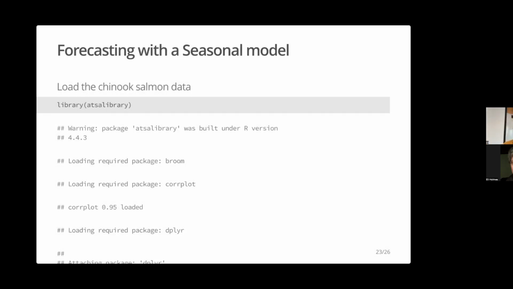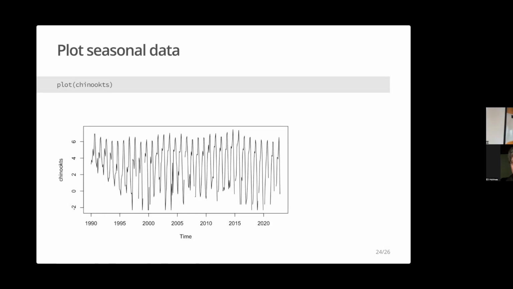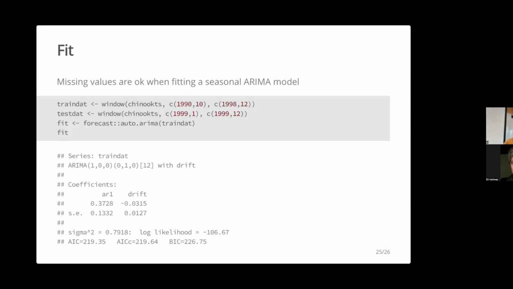Okay, let's see an example of forecasting with this. This is when it gets really fun. So here's the data you'll be playing with in the lab. Like I said, it has some missing values here and there. It's okay. You can fit the missing values. It's very seasonal for sure. The missing values are fine.